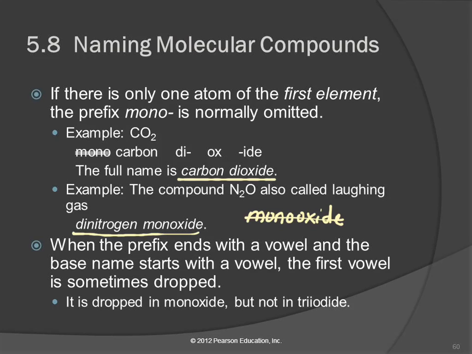So, for example, if I gave you N2O on an exam, multiple choice, I would not give you dinitrogen monoxide as a choice along with the correct dinitrogen monoxide to trick you, okay? But you just know that we drop them sometimes. So we drop it in monoxide, but not in triiodide. Why? I can't give you a real good reason.